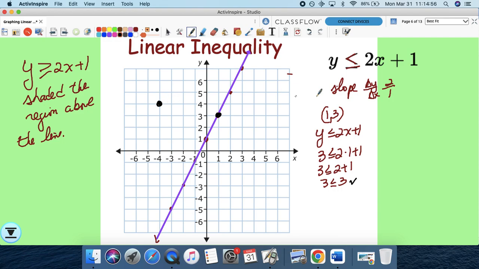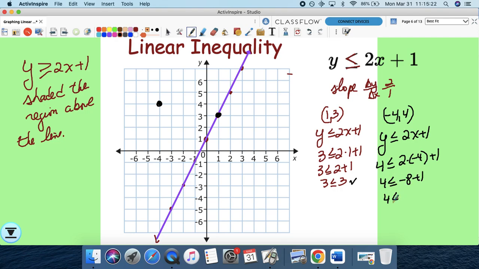Let me pick this point right here. What is that? -4 and 4. If that works, we're going to shade this area. That's what it's telling us, right? So let's see if it works first of all. Is y less than or equal to 2x plus 1? We get 4 less or equal to 2 times -4 plus 1. 4 is less than -8 plus 1, and look at that, 4 is less than -7.